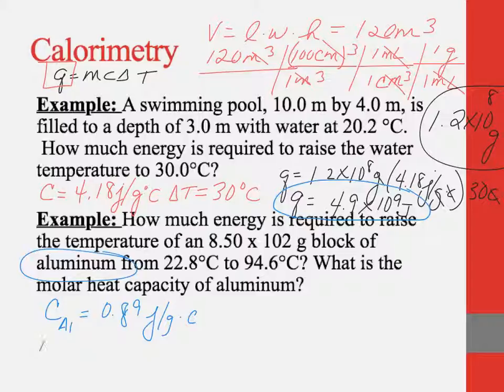Our delta T is 94.6 minus 22.8, which gives us 71.8 degrees Celsius. So this one's a simple plug and chug.